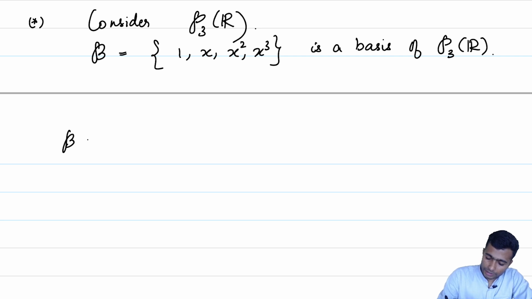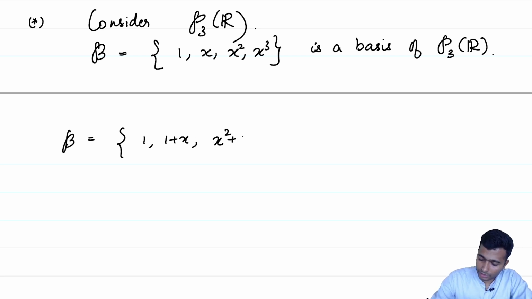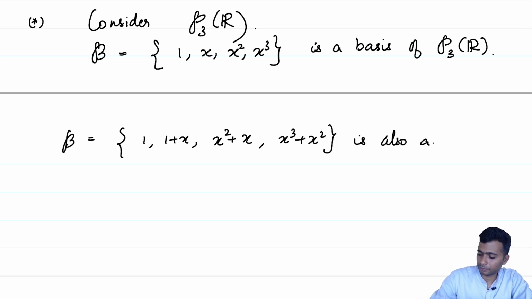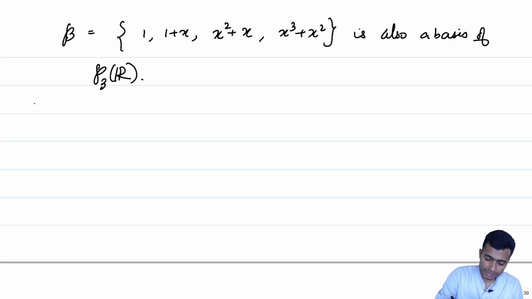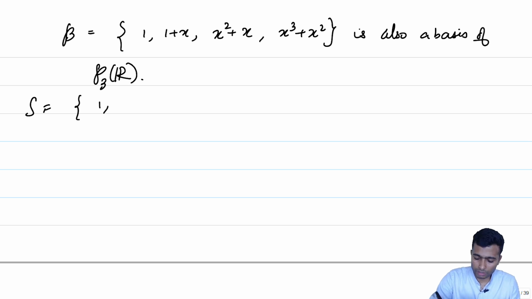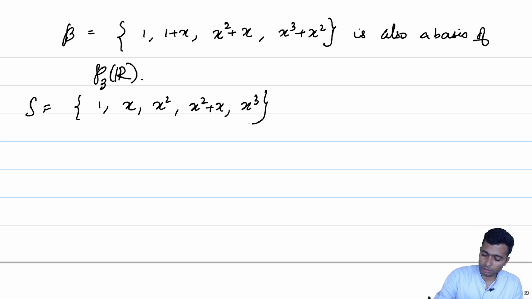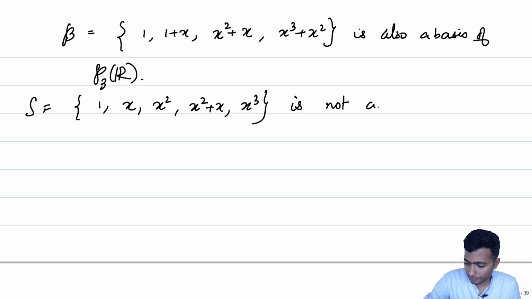I would also like to state that 1 plus x, x square plus x and x cube plus x square is also a basis of P3 of R. And if I consider our set S to be, say, 1, x, x square plus x and x cube, this is not a basis, though it is a spanning set, it is not linearly independent.